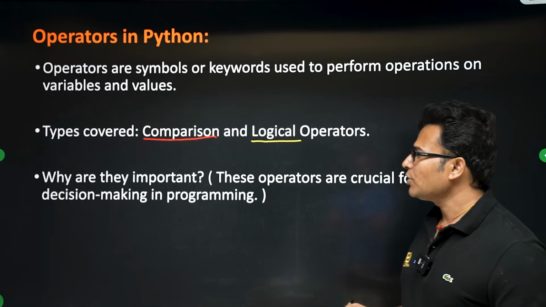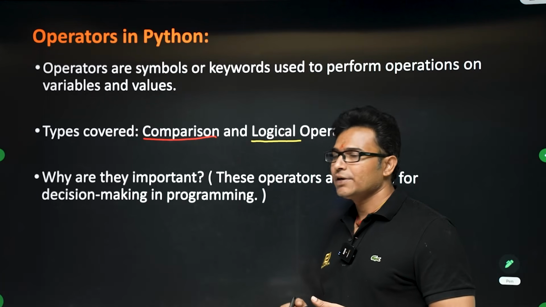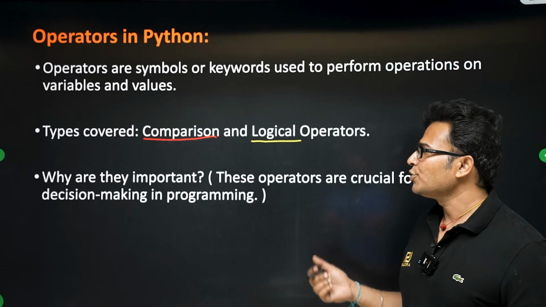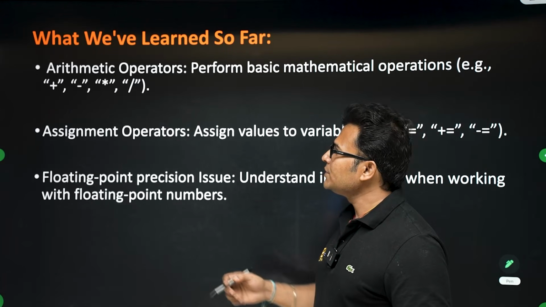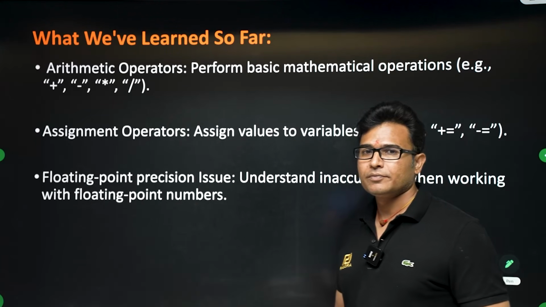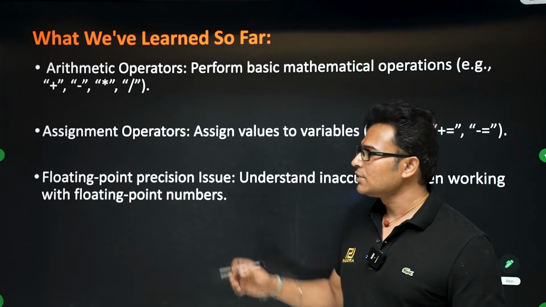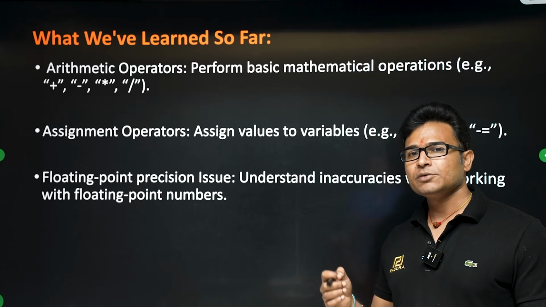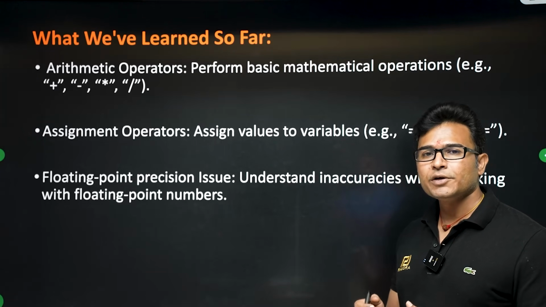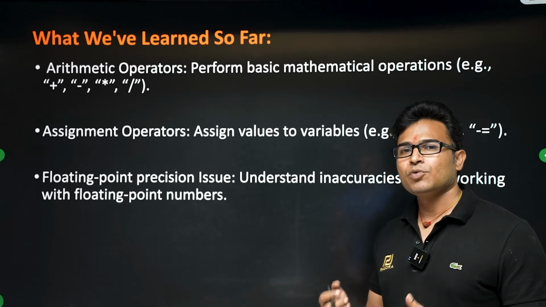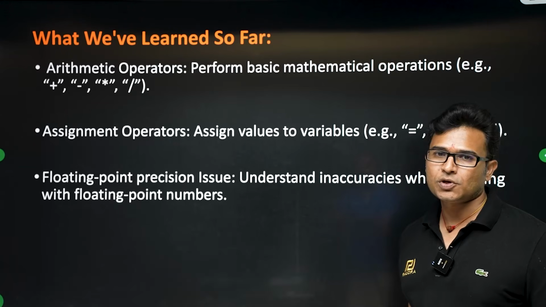They are very important for decision making. I'll show you. So we have already seen arithmetic operators, assignment operators, and the floating point precision problem. When we are using floating point numbers, we are getting some problems, right? We have seen those problems also.